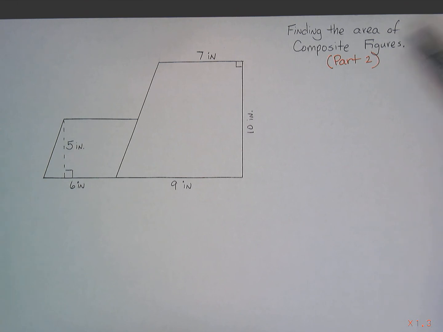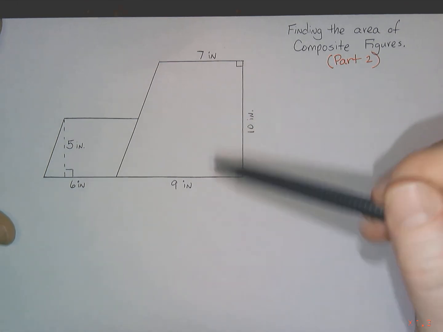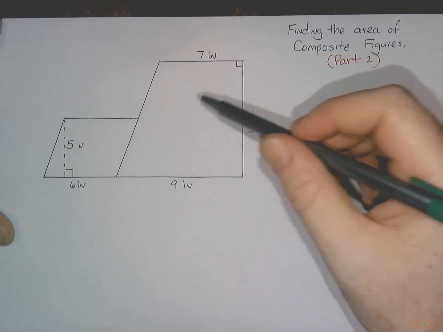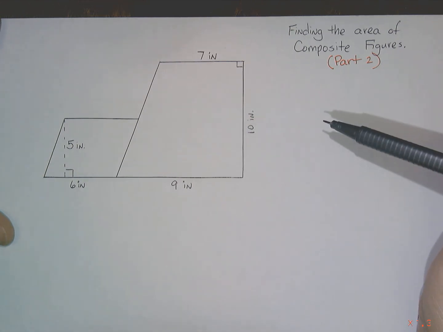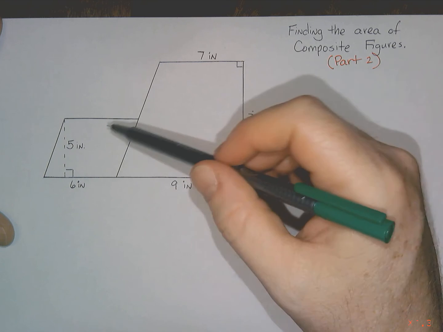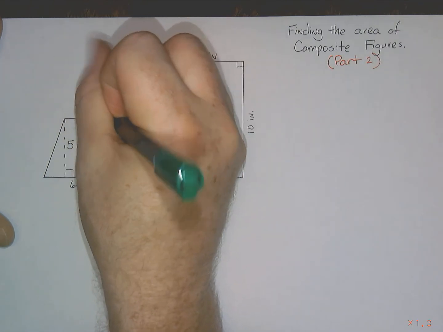But in order to find the area of something like this, you have to break it into the shapes that you recognize, and you have to look at how we solve the area for each of the shapes that we recognize. Now, if you look here, hopefully you've noticed this small shape here is a parallelogram. Okay, so I'm going to write that down.